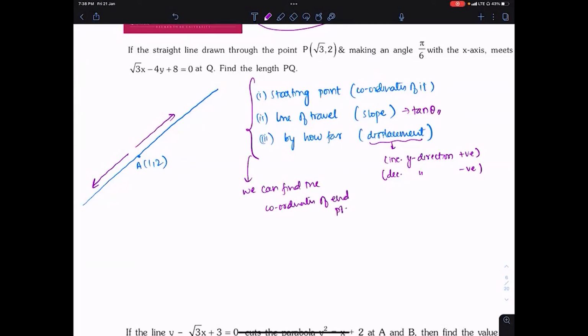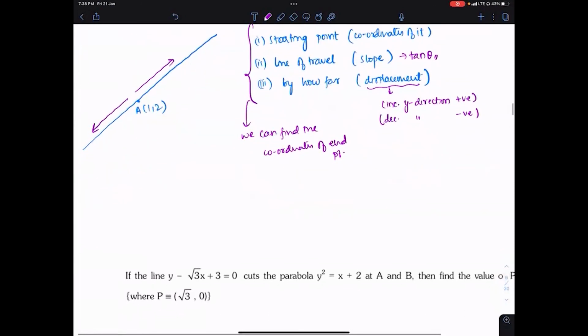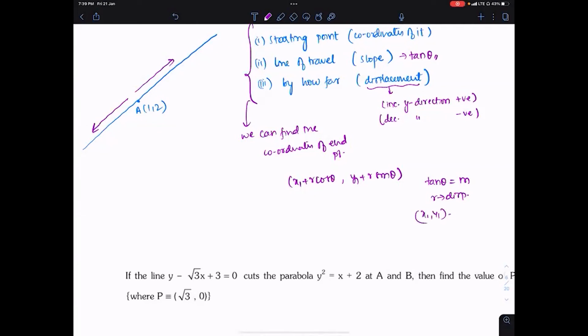That is the basic concept of parametric form. Now, what is that endpoint? It is x1 plus r cos theta, comma y1 plus r sin theta, where tan theta is the slope, r is the displacement, with the sign taken as described, and x1, y1 is the starting point. So this is your endpoint.